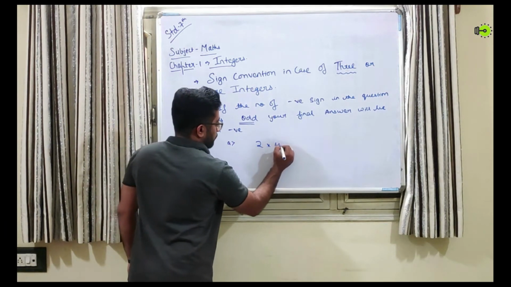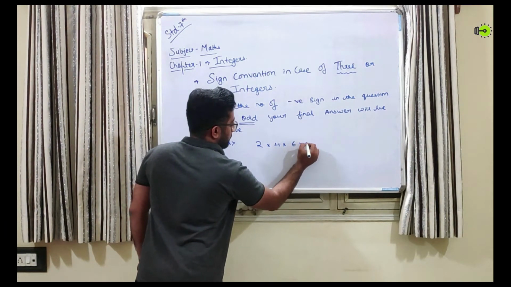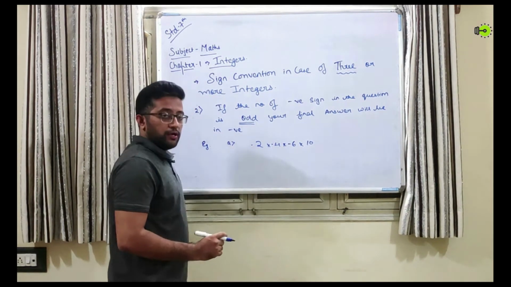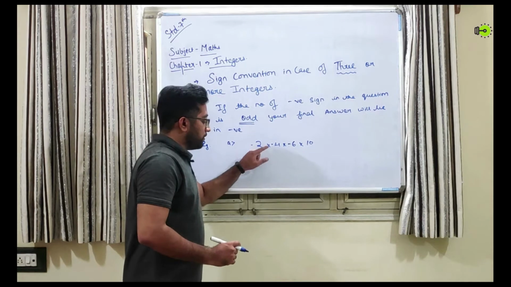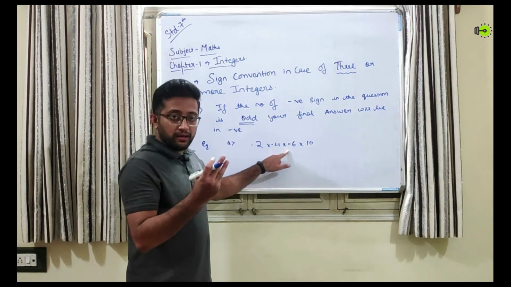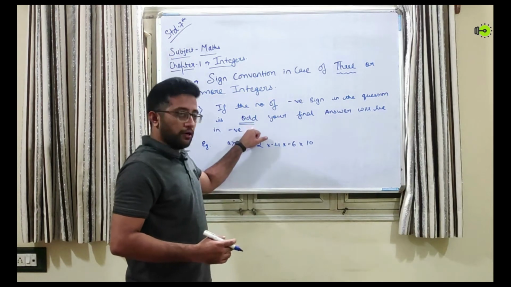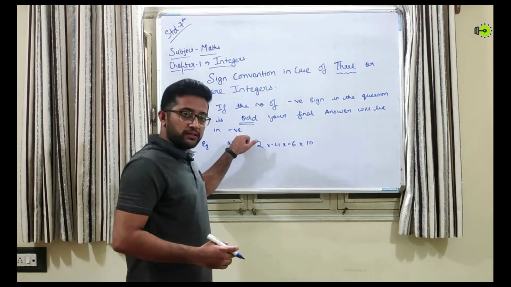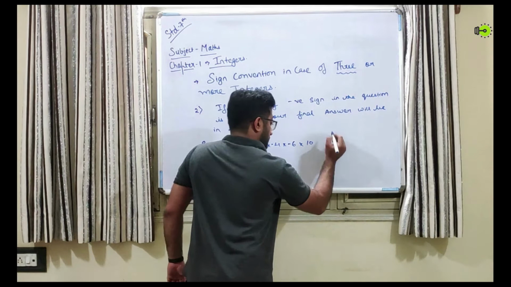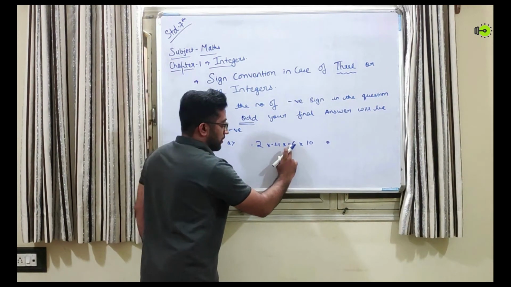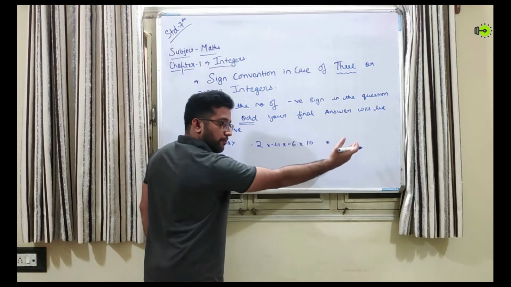Take 2 multiplied by 4 multiplied by 6 multiplied by 10. Now we will put the signs so that the number of negatives is odd. Here we will count: there is 1, 2 and 3. There are 3 integers with negative sign, and 3 is an odd number. So our final answer will always be negative. Now let us verify. Minus minus plus, plus minus minus, minus plus minus.